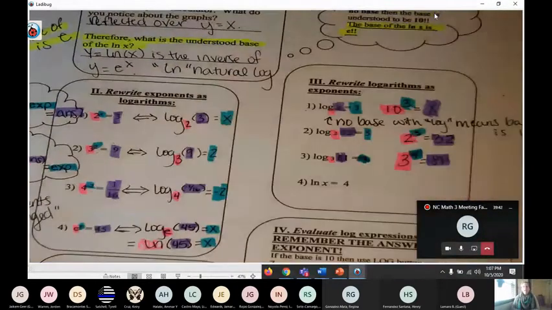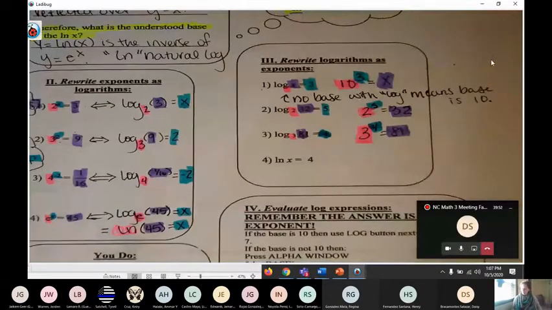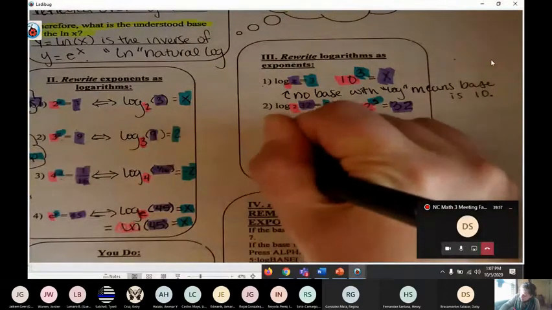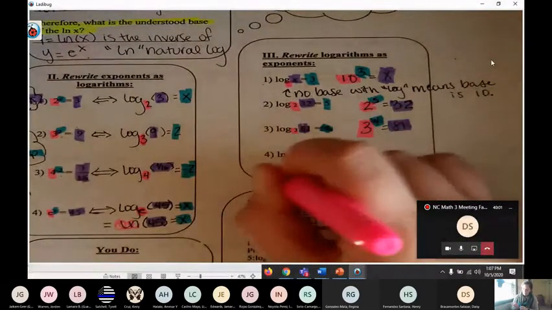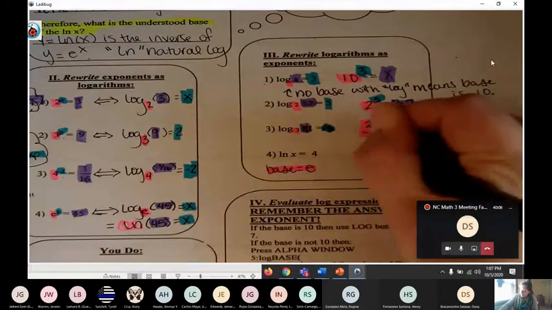All right, and the very last one, let's see if we have somebody. Daisy, are you here? It would be e. Yeah, so our base is e. To the power of 4 equals x.